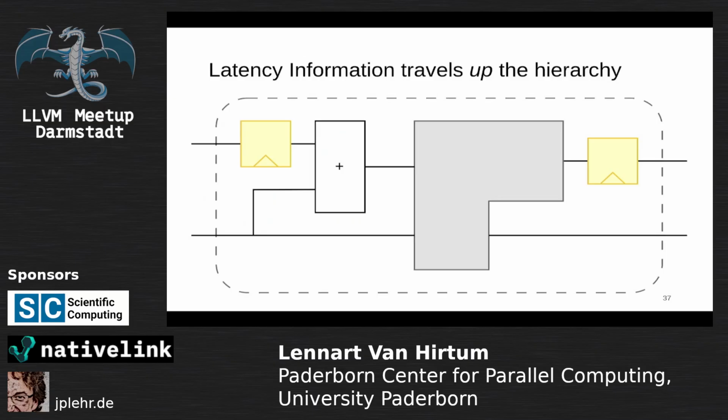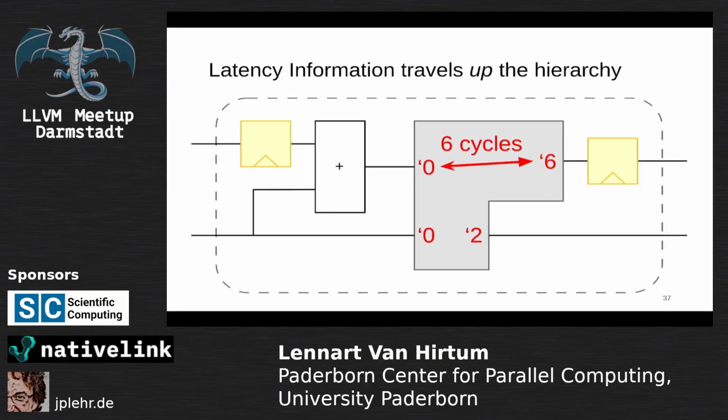But first, I will talk about how latency information moves around in your design. So let's say we have just executed the code to generate this outer module, and this submodule has not yet been instantiated. What the compiler does is it will first start by instantiating the submodule, and that gives the latency counts on the ports of the submodule.